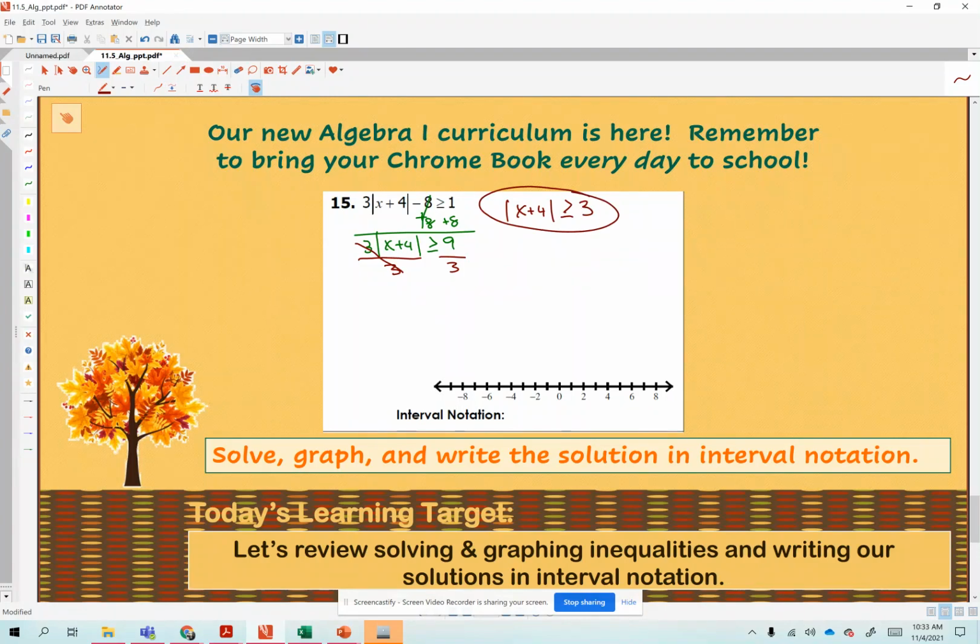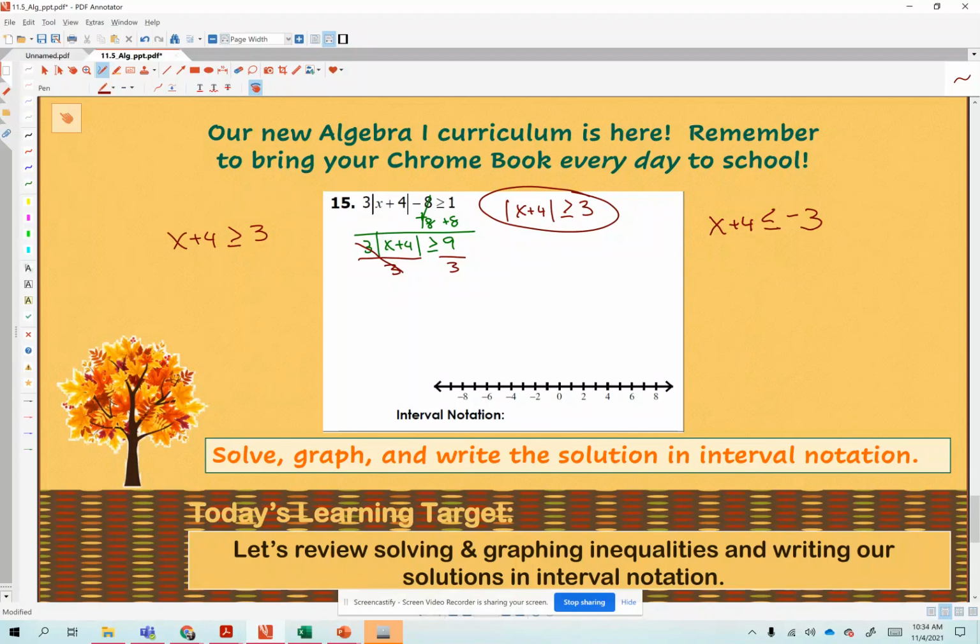So now I make two cases. I know I'm going to run out of room here, so I'm going to work in my margins. I have x plus 4 is greater than or equal to 3, and I have x plus 4 is less than or equal to -3.